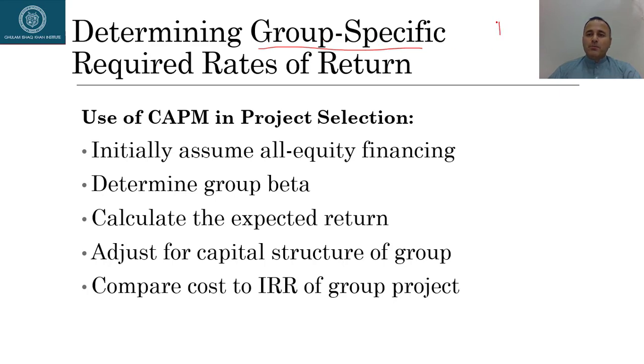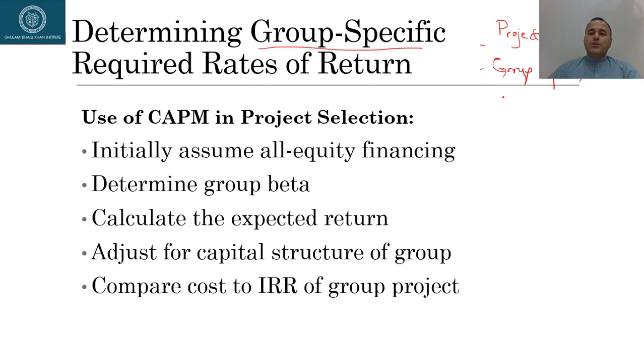So one was project specific, the other one is group specific. And why do we need group specific rates of return? The reason is it's very easy to implement. Calculating hurdle rates for project specifics for different projects is very tedious.